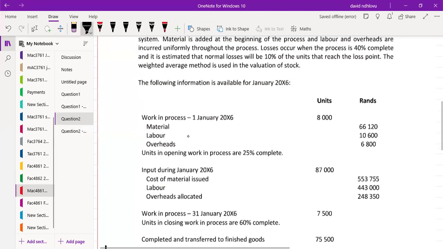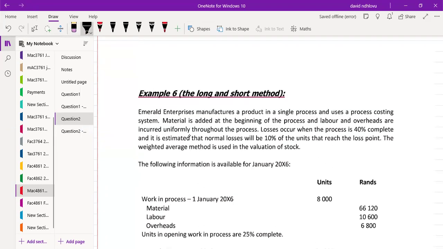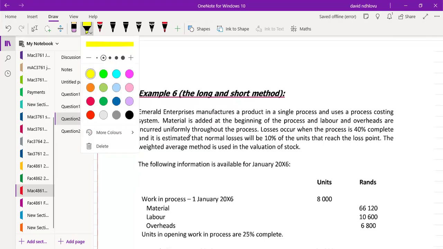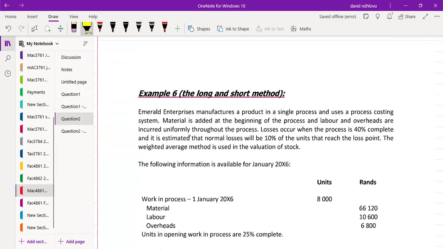All right, so this is the question that we have, and here is what it says. Emerald Enterprises manufactures a product in a single process and uses a process costing system. Material is added at the beginning of the process, and the labor and the overheads are incurred uniformly throughout the process.